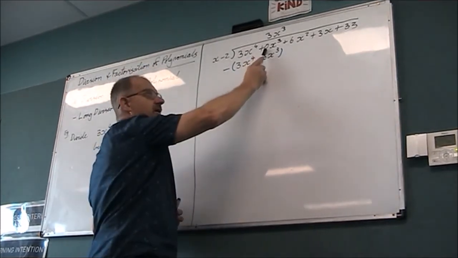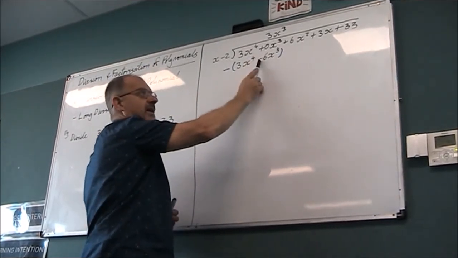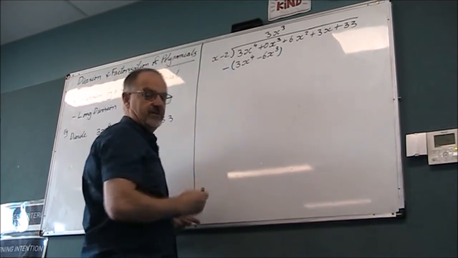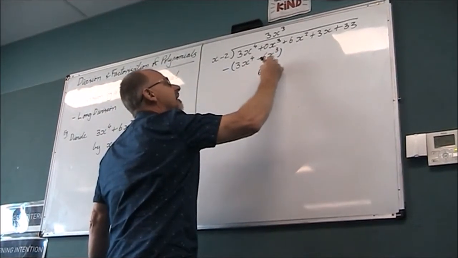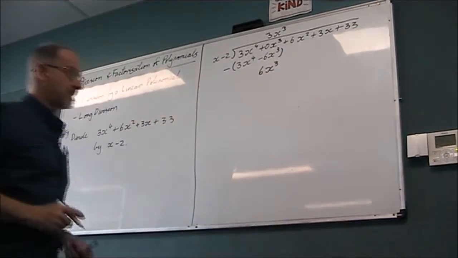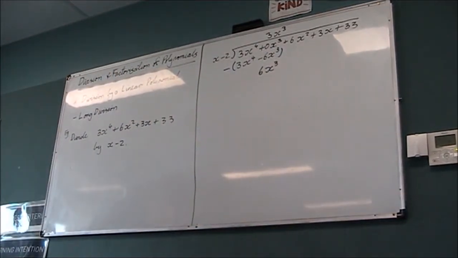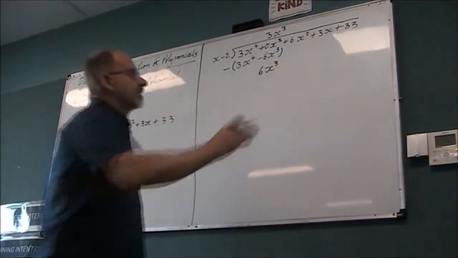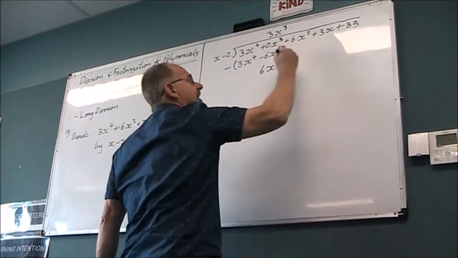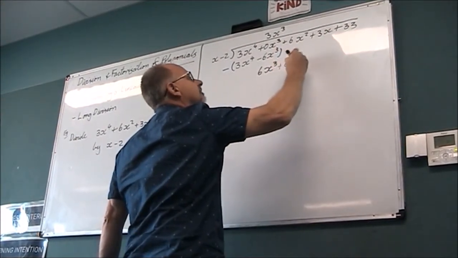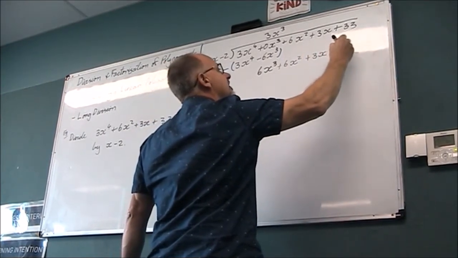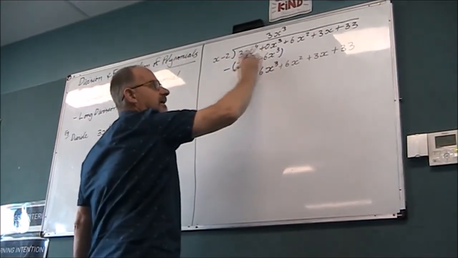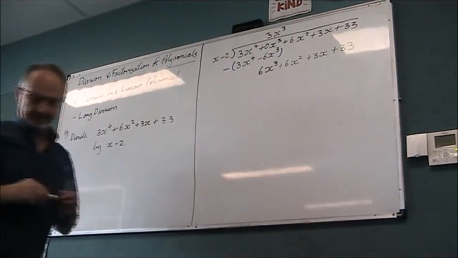Then we've got no x cubes, taking negative 6. Negative and negative is a positive, so we would have 6x cubed. All this here is still there. None of that's changed because we haven't taken anything away from any of that.